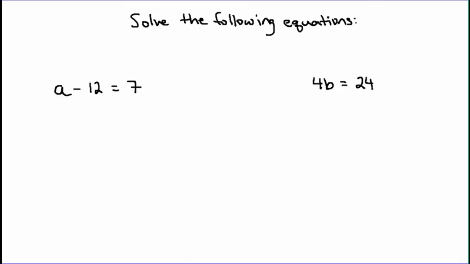The key idea for doing the solving and the checking is that we're going to make use of two main principles. The first is called inverse operations. Inverse operations are pairs of operations that are opposites or that cancel each other out.